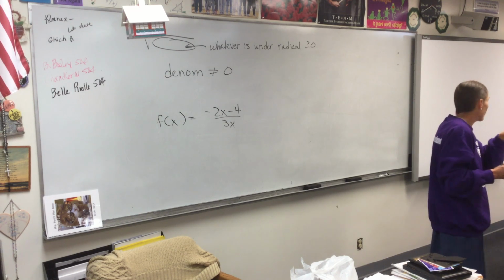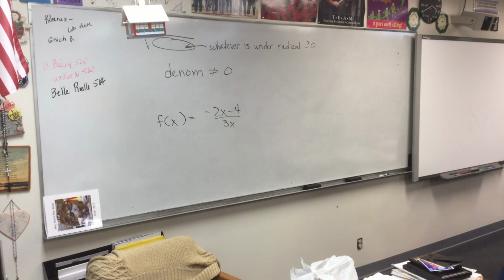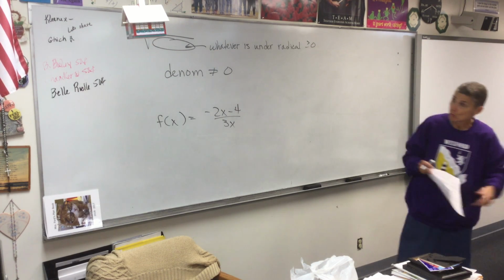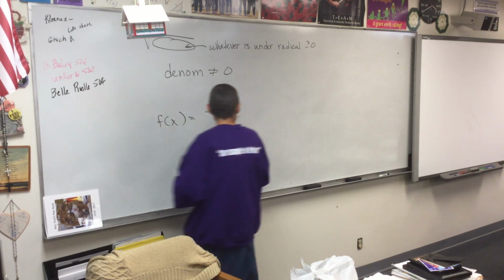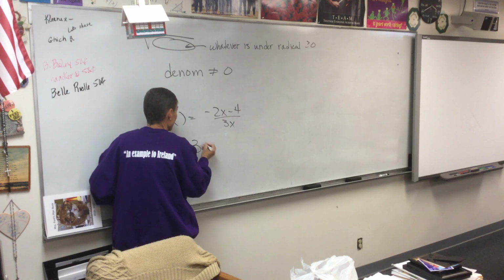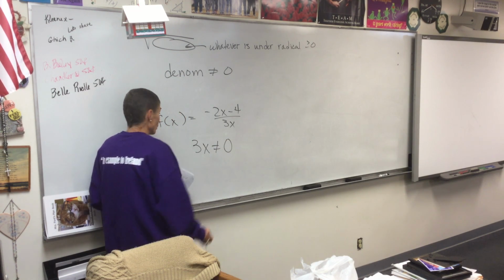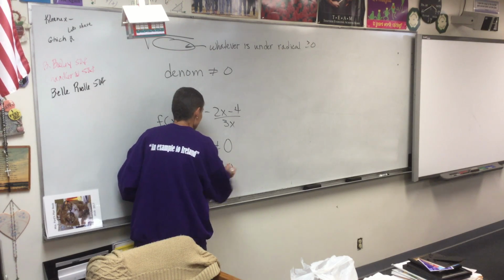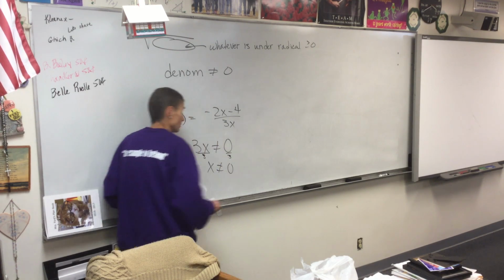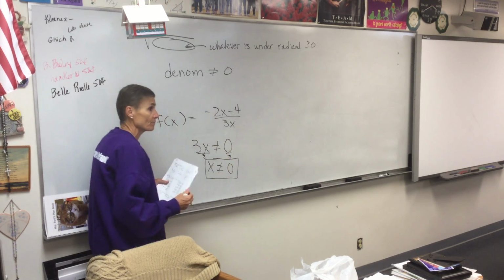Therefore, it has no issues. The domain is all real numbers for A. Now, as soon as you put an issue in there, then you have to deal with it. The denominator cannot be 0, which means x cannot be 0, because I'm going to divide both sides by 3, and that is my domain.